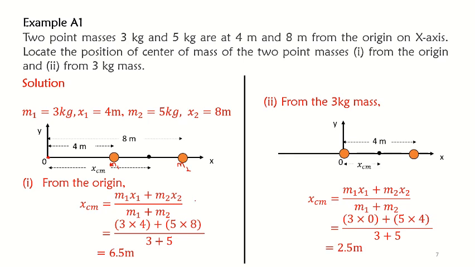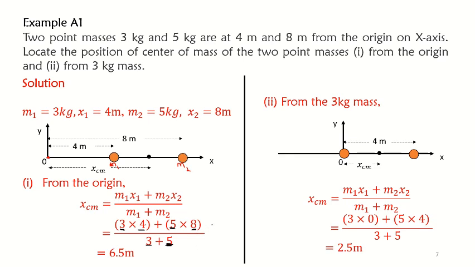M1x1 plus M2x2 divided by the sum of M1 and M2. So we have 3 kg, that's M1, times 4 meters, x1, plus 5 kg, M2, times 8 meters, x2, then over 3 kg, M1, plus 5 kg, M2.